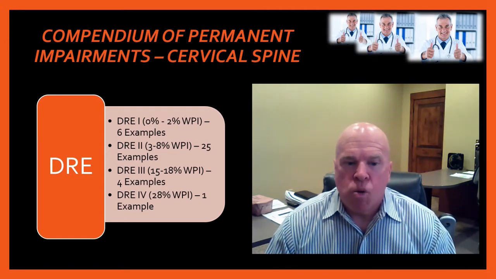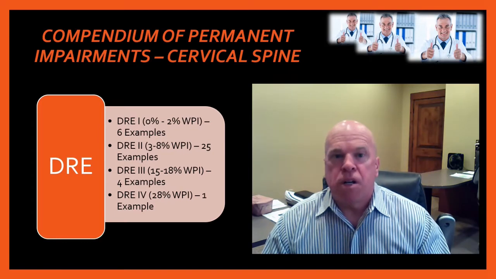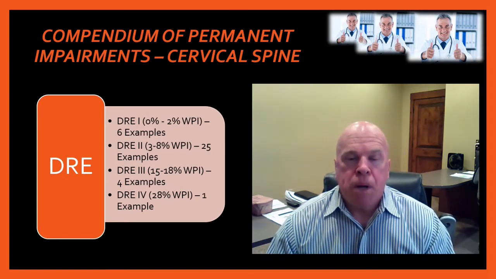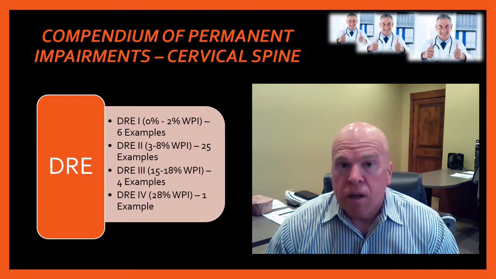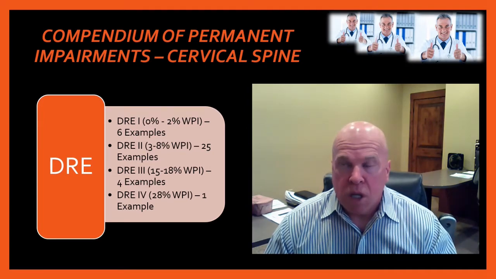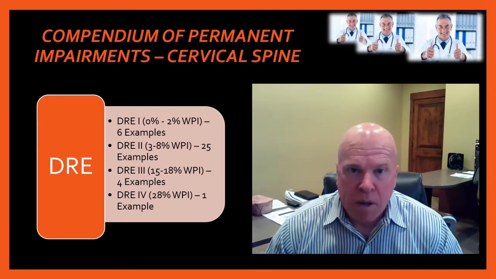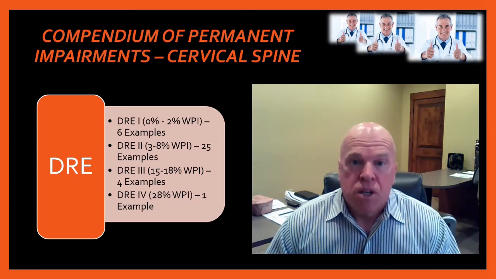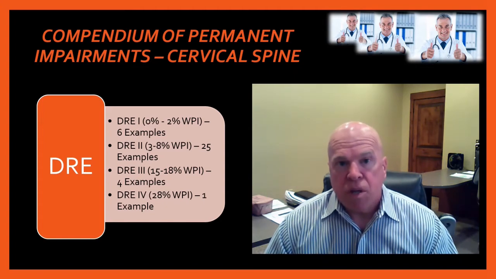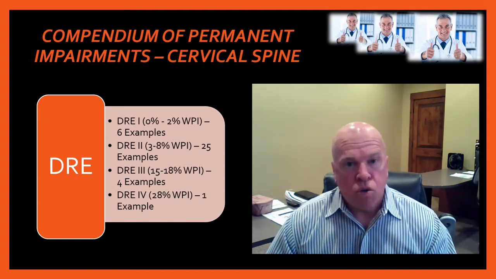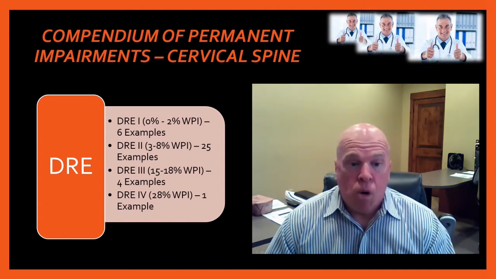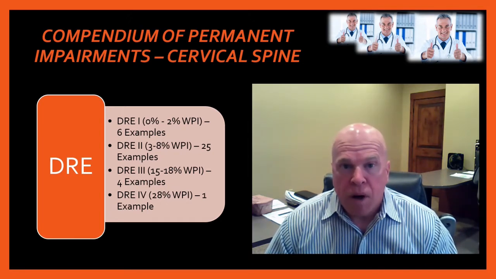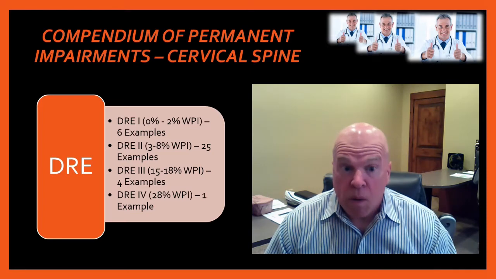The DRE Category 1 in these particular examples ranged from 0% whole person impairment to as high as 2% whole person impairment, in those cases where the 2% whole person impairment was provided as a nominal impairment, simply to give some examinee some consideration for the injury that they suffered and for any subjective complaints that linger at the time of the permanent and stationary evaluation.